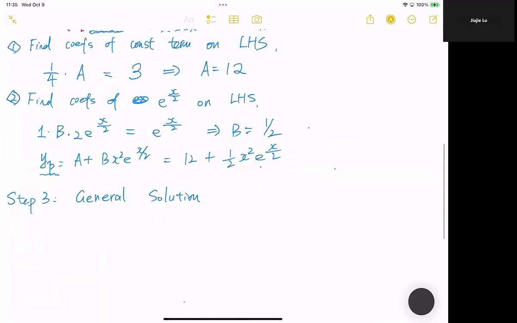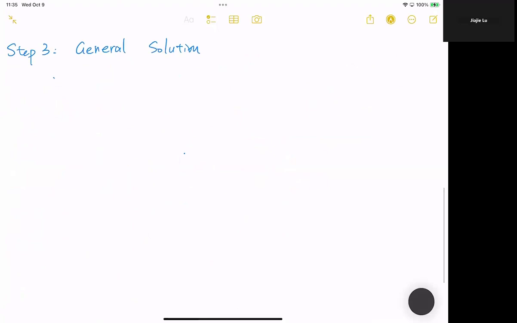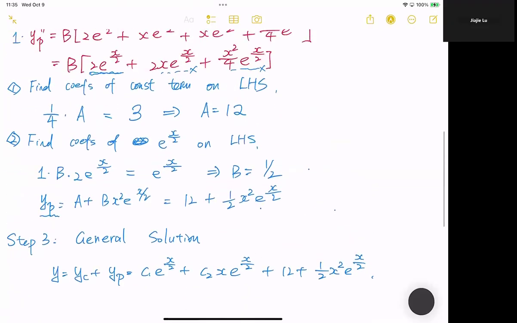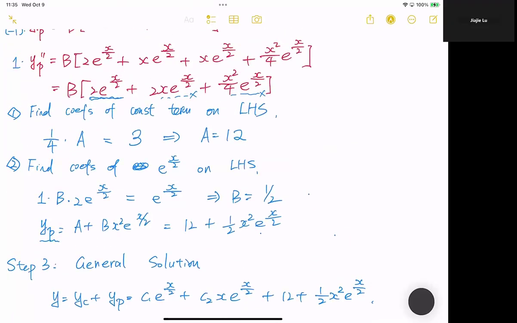So the general solution is nothing but yc plus yp, which is c1 e raised to the power x over 2 plus c2 x e^(2x) over 2 plus 12 plus 1 over 2 x squared e^(2x) over 2. So this is how to figure out the general solution for the first question.